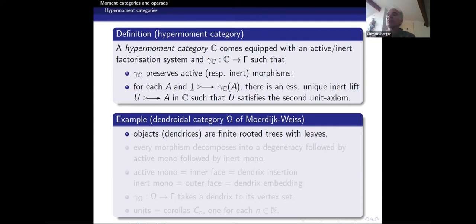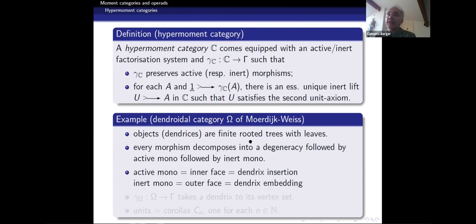So you have a triple factorization system, and this triple factorization system is precisely this factorization into a degeneracy, followed by an active mono, followed by an inert mono. Usually the active monomorphisms are called interface maps, and the inert monomorphisms are called autophase maps.